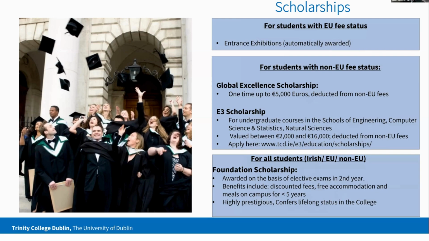And for students from non-EU backgrounds, we offer Global Excellence scholarships up to €5,000, and for students applying to programs as part of the E3 initiative, we offer a particular scholarship. Again, that ranges from about €2,000 to €16,000, and you would need to apply online, and there's a link there for you to do that.